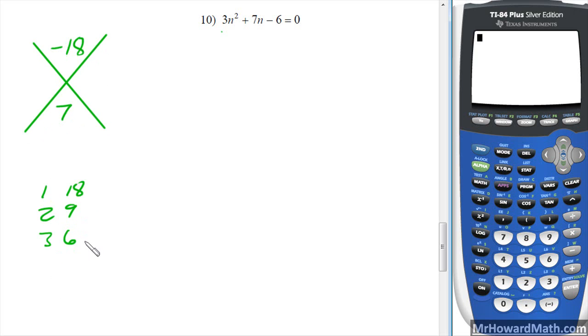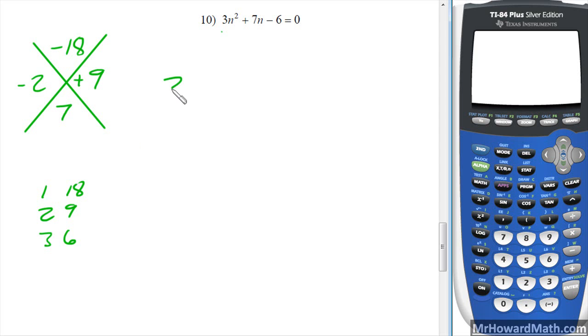Well, actually here it is right here. So 2 and 9. This number is negative, so one is positive, one is negative. The bigger one always gets the sign of our addition here. So we have a positive 7, so that means that one's a plus, that one's a negative there.